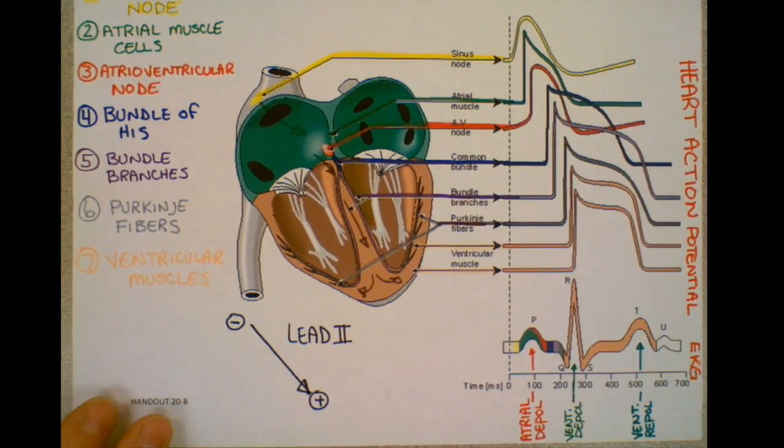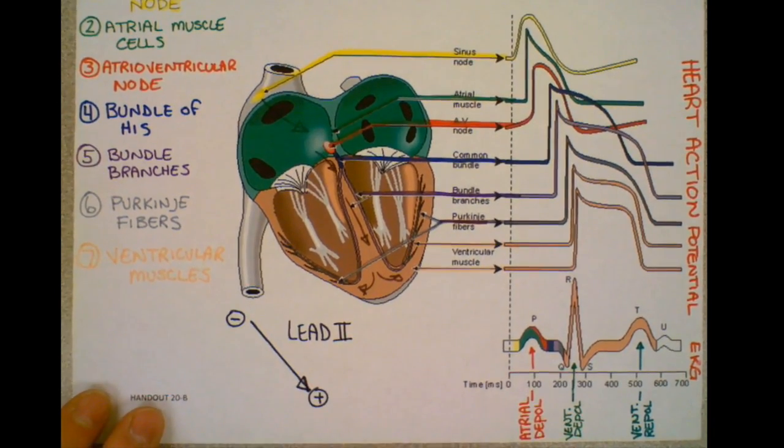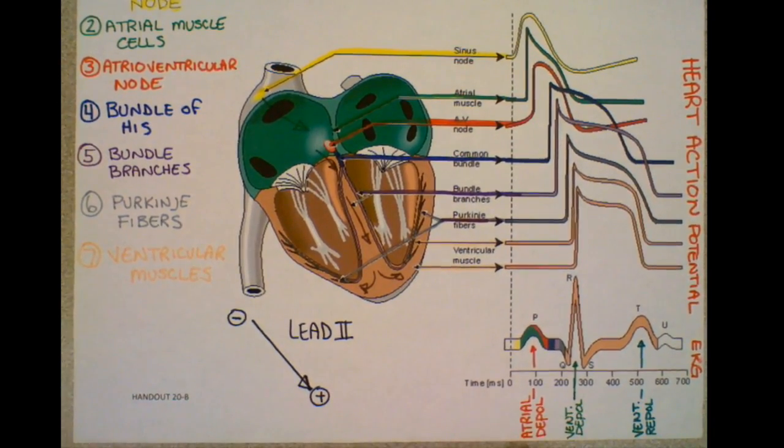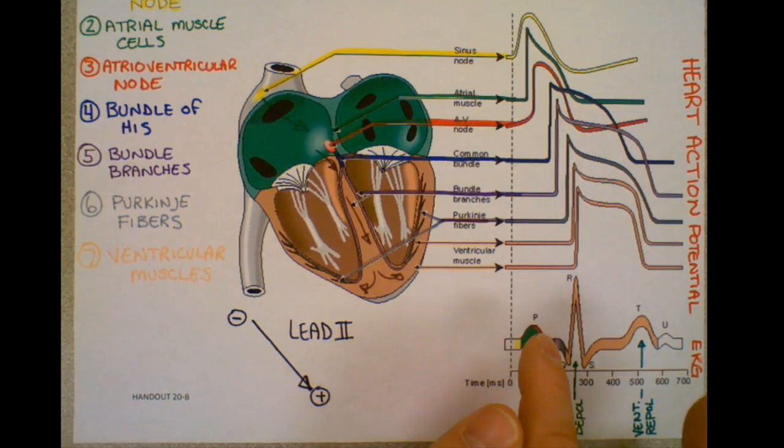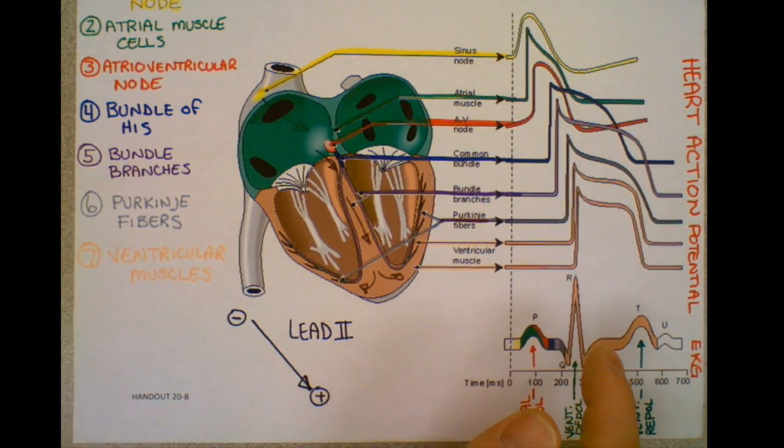Now, you may notice that there's something missing. We have atrial depolarization, we have ventricular depolarization, and then we have ventricular repolarization. But there's one thing missing. Yes, it's atrial repolarization. So there's no rise in the EKG for atrial repolarization.